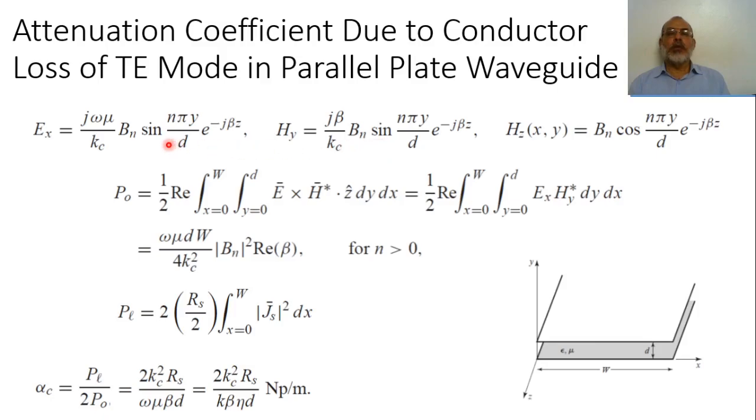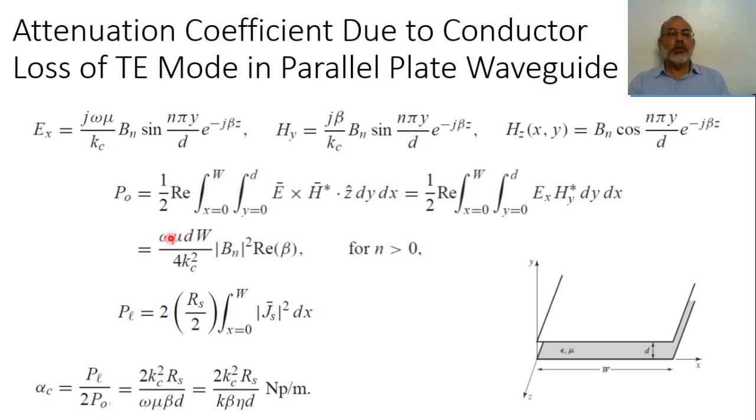Now, by multiplying this by the conjugate of this, j multiplied by minus j would be unity, and e to the power minus j beta z multiplied by e to the power j beta z would be unity. Here we have omega mu beta over kc squared, bn squared sine squared n pi y over d.